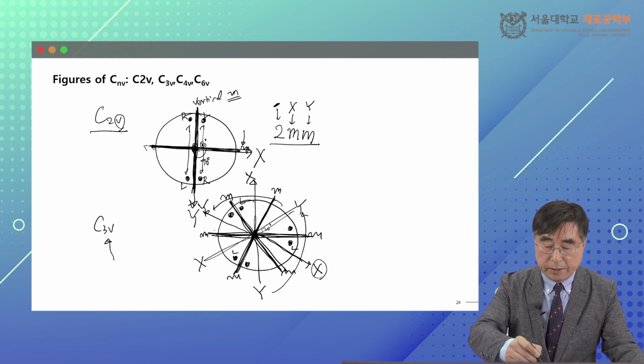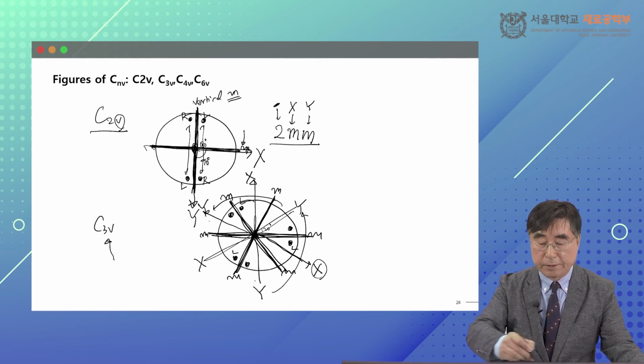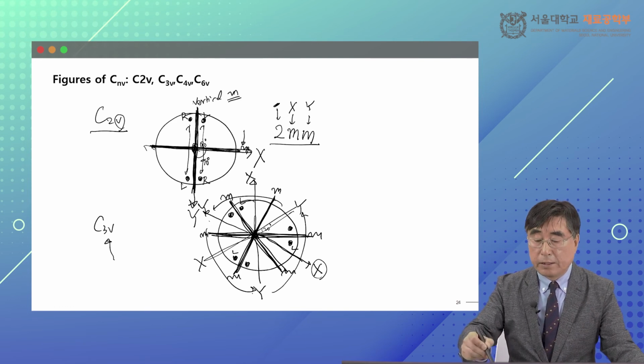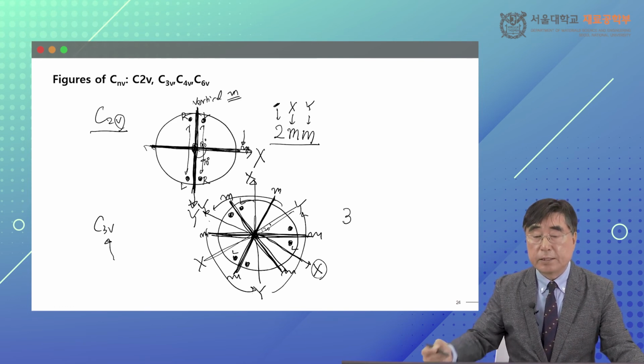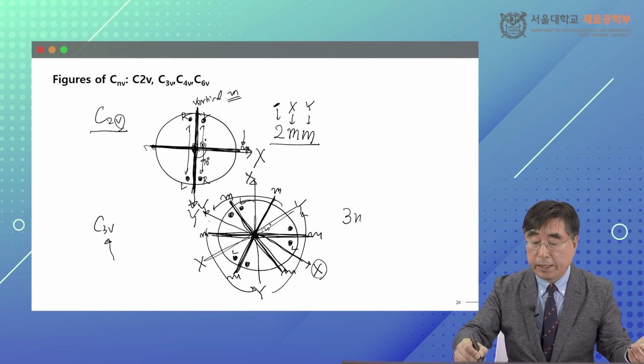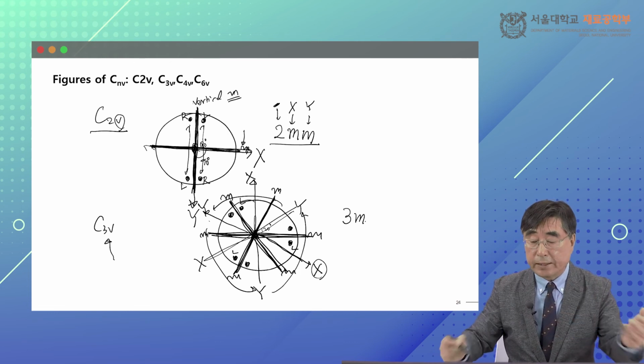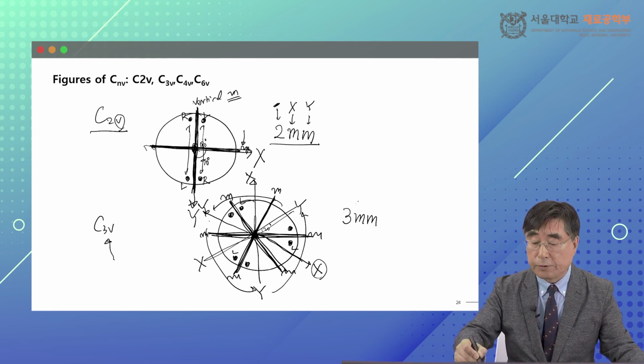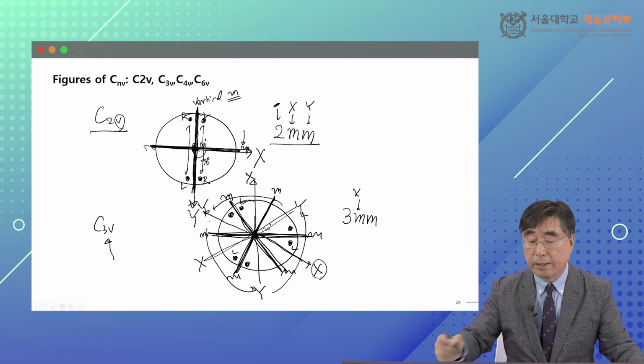So if I write it, it can be written like this. International symbol wise, the principal axis is 3-fold. Now I can say that 3 x-axes are mirror planes and 3 y-axes are mirror planes.